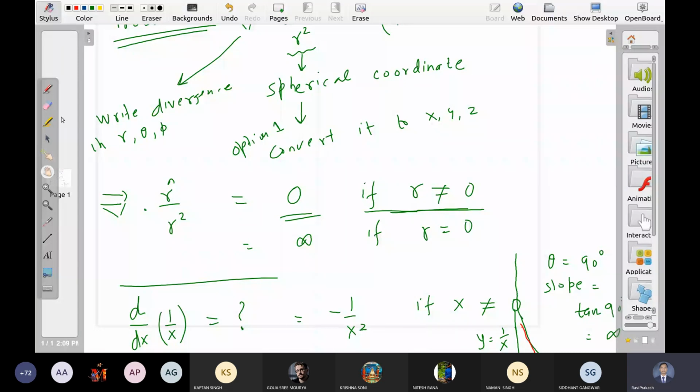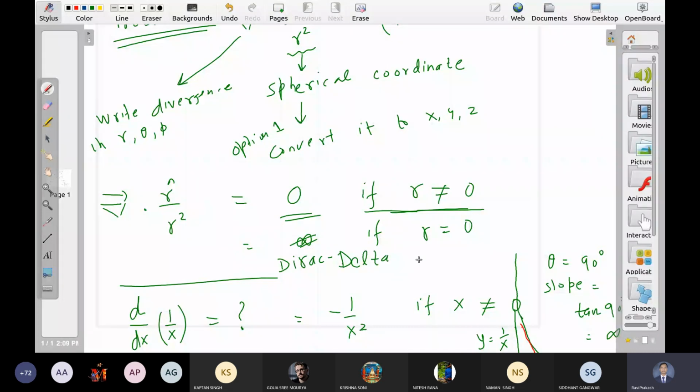So it is not exactly infinity. I mean, if you say infinity, that's not the right way of doing this. The correct way is some Dirac delta function. So it's a different function, and we have not yet discussed what is the meaning of Dirac delta, and it is not a function also.